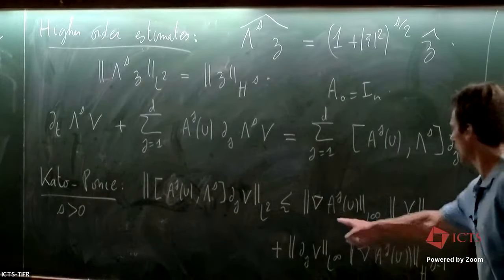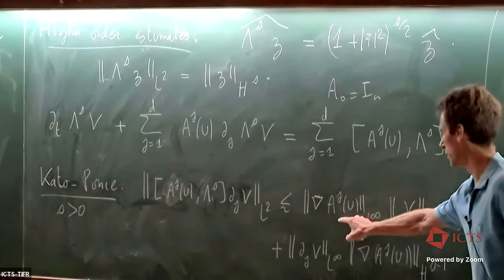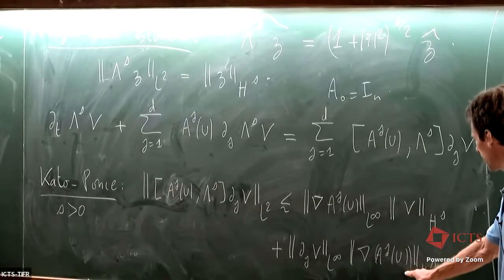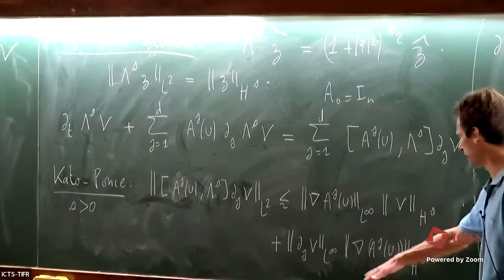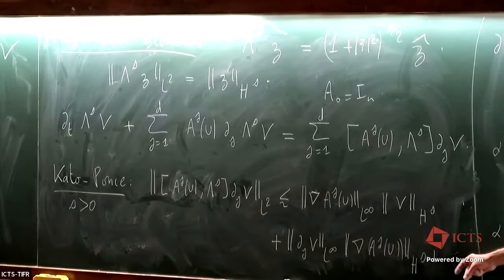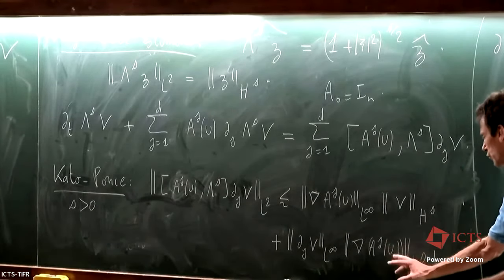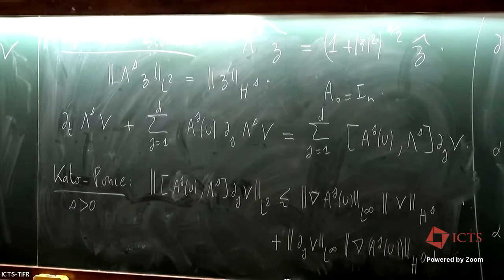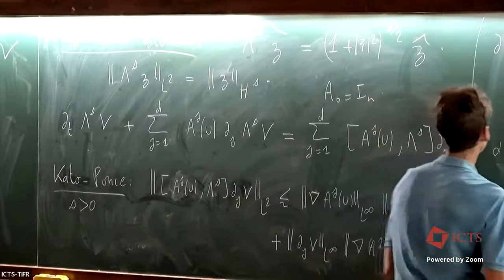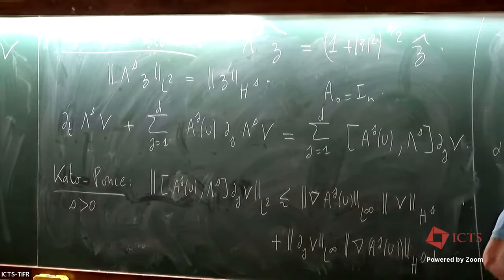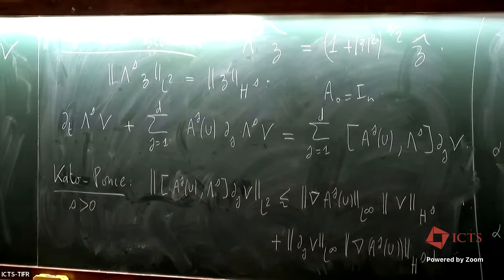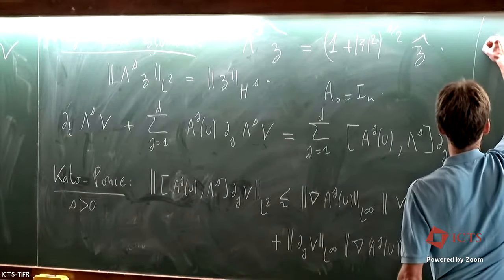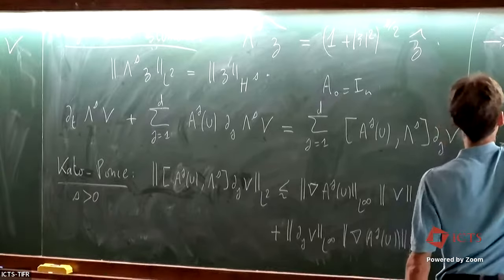This one, by the chain rule, you may bound by the gradient of V. For this one, it's a bit more complicated, but it's possible to bound it by the H^S norm of U times some constant that only depends on the Lipschitz norm of U. So you end up with this kind of inequality again. The result is the following one.